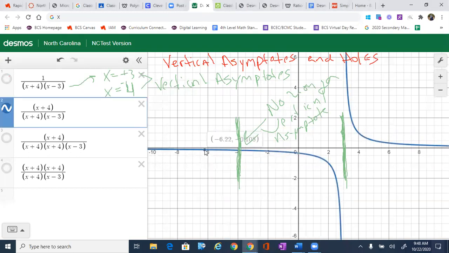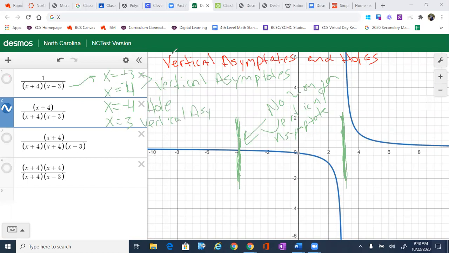You're going to notice that the value at -4 states it is undefined, so we still have a break in the graph. So x equals -4 is not a vertical asymptote anymore. It is a hole, and x equals 3 is a vertical asymptote.